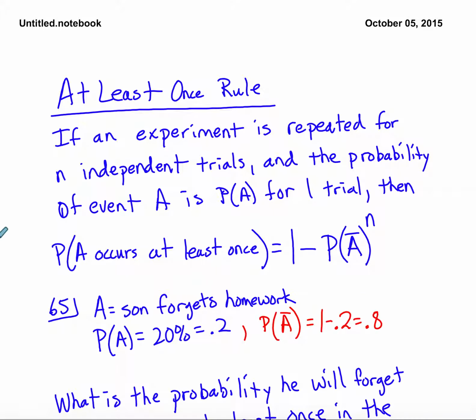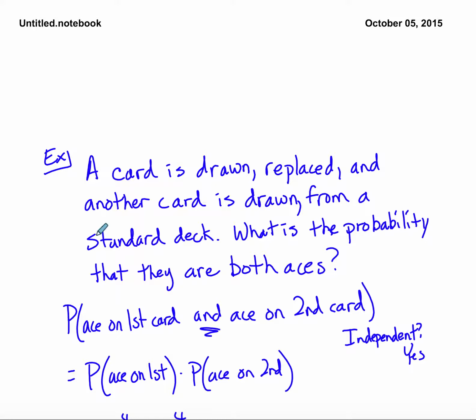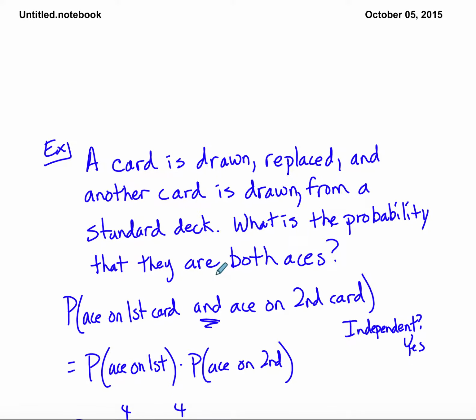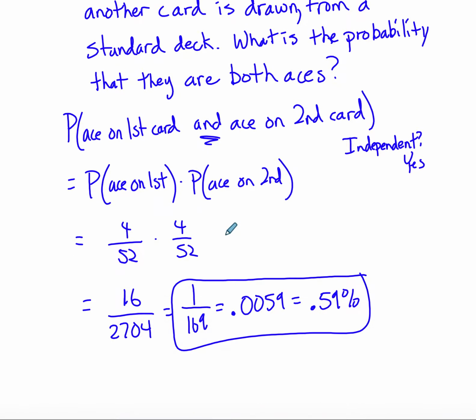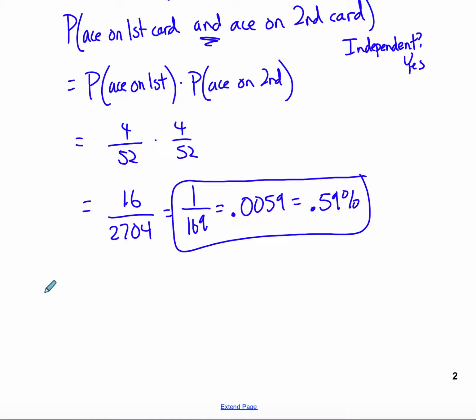All right, so if they're dependent, by the way, then things do change. So I do want to point out, if I didn't put the card back, if that card didn't go back, then let's look at that probability. So what's the probability of 2 aces without putting the card back?